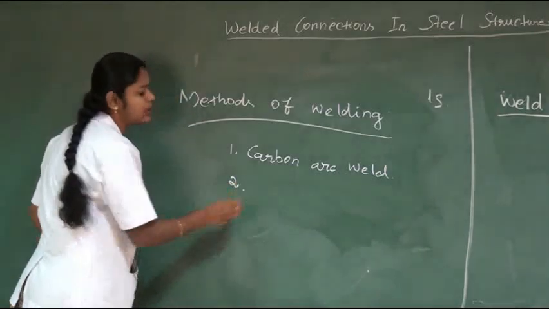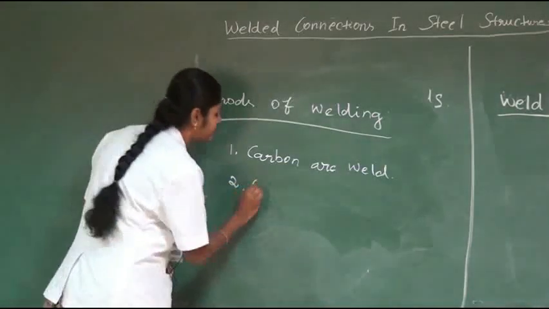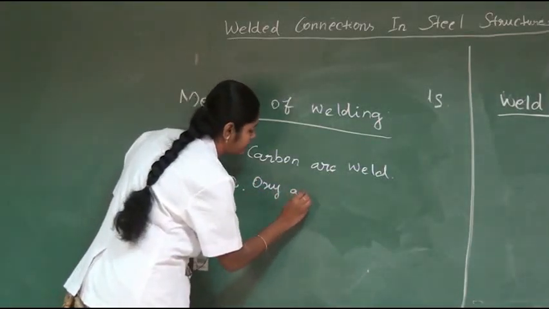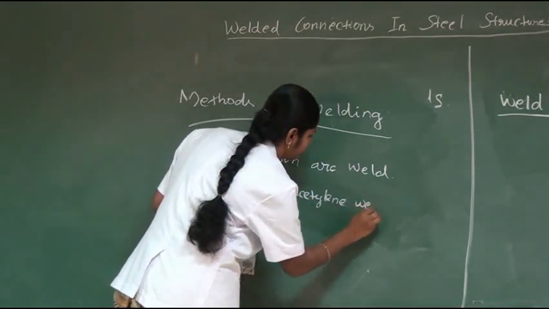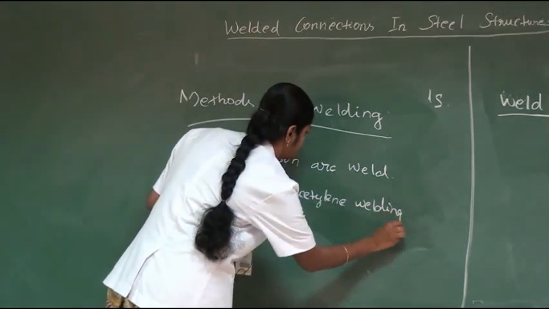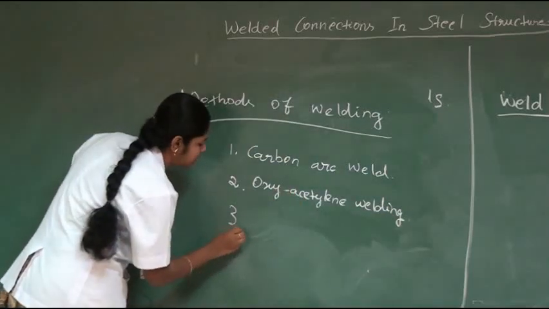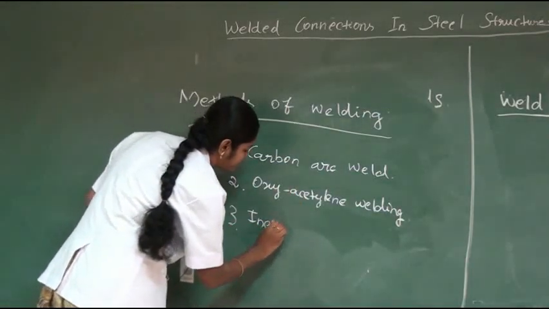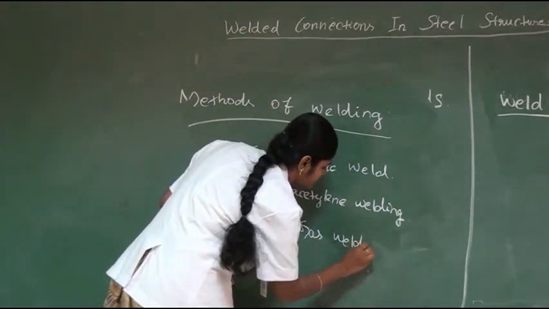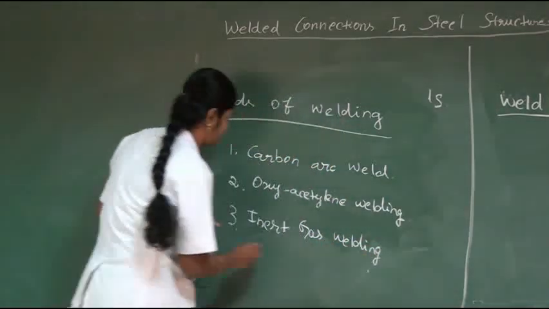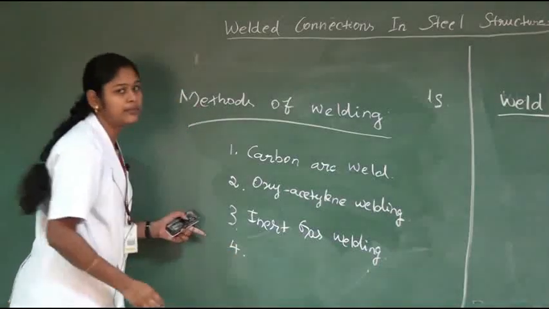And second one is oxyacetylene welding. And the third one is inert gas welding. Then the fourth one is metal arc welding.